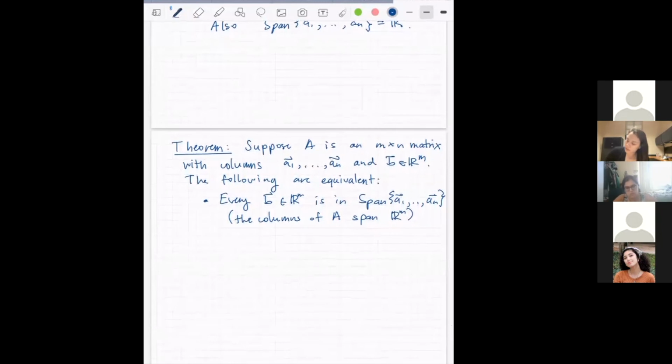Okay, so that's our first statement. This is equivalent to saying that every B in Rm can be written as a linear combination of the columns A1 up to AN.